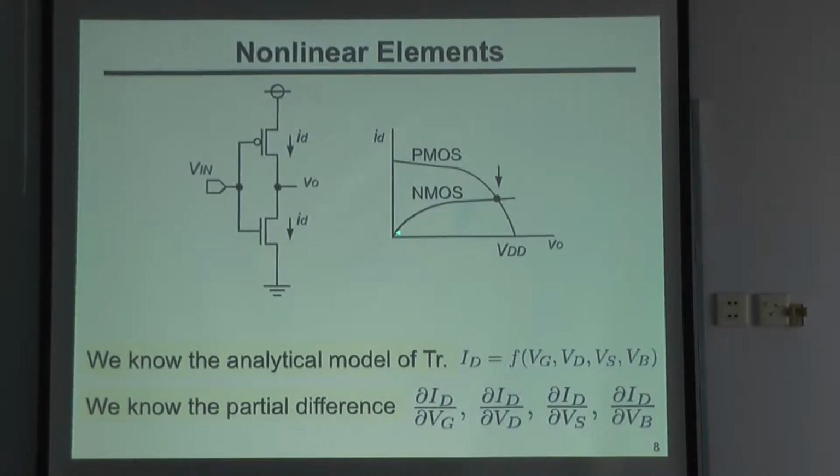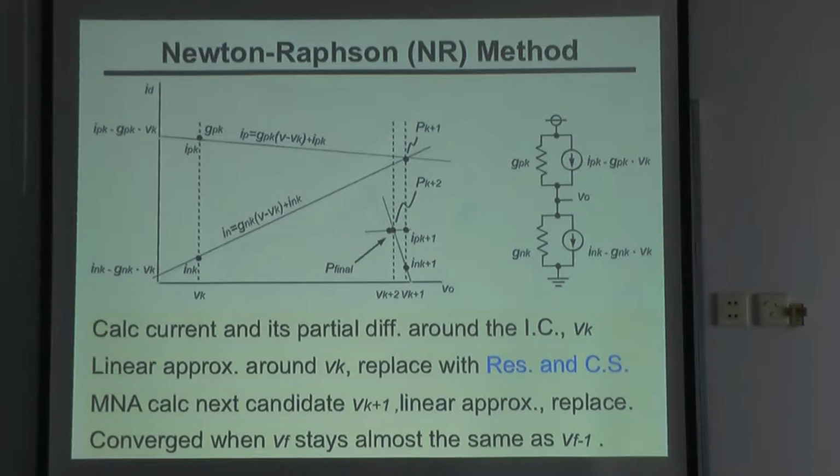So what we want to do is, once we have a gate voltage specified, we can have this curve, and we want to find the cross point as here. In order to get this cross point voltage, we have to linearize and iterate many times until it converges.